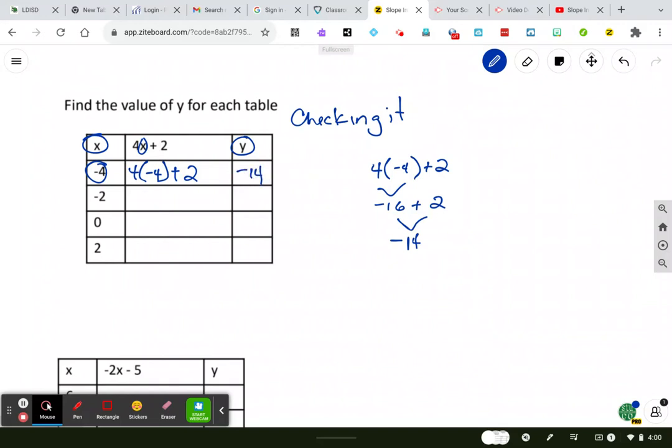There's the first one. Now do the second one. 4 times negative 2 plus 2. You're doing the exact same thing over and over again. You're just substituting the x value with this number here. 4 times negative 2 is negative 8. Plus 2 is negative 6.